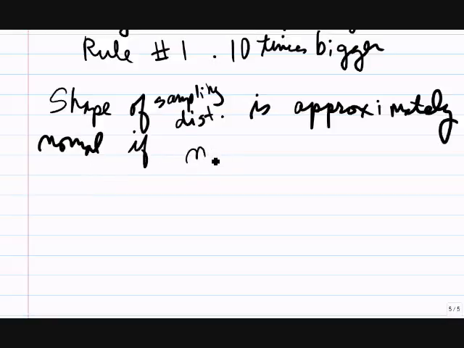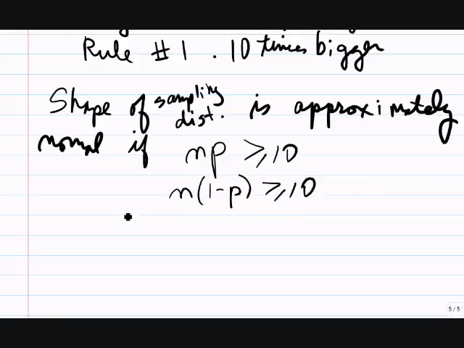If the sample size times the proportion is greater than or equal to 10, and the sample size times 1 minus the proportion is greater than or equal to 10. So this is rule number 2.